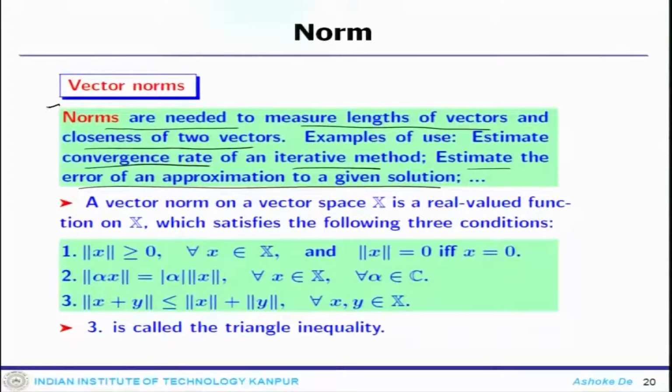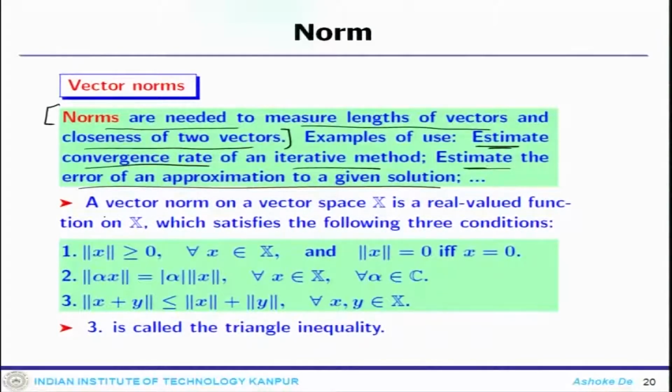So, the important definition of norm is that it is a measure of the length of vectors. When we talk about the iterative method, we try to find out the convergence rate, and that is where you can estimate it. When you talk about some error, you can also estimate that.